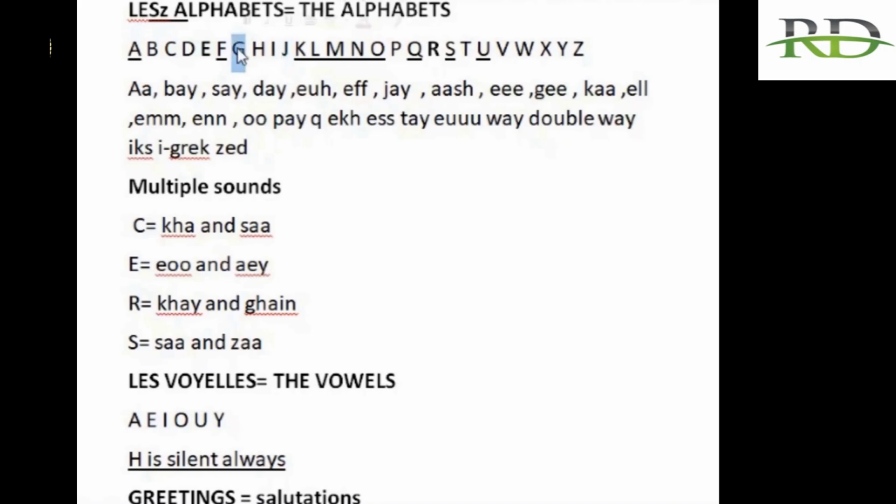G becomes J and J becomes G. Is it the stronger J? No, it's J, the buzzing sound, you know, in Urdu, the J. Yes, that's J, like this.